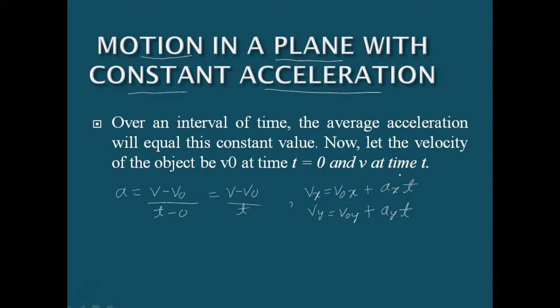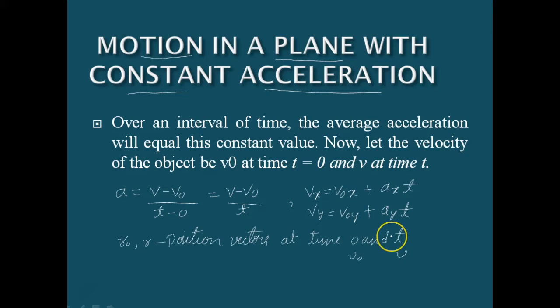Let r0 and r be the position vectors of the particle at the time 0 and at the time t, and let the velocities at these instants be v0 and v.